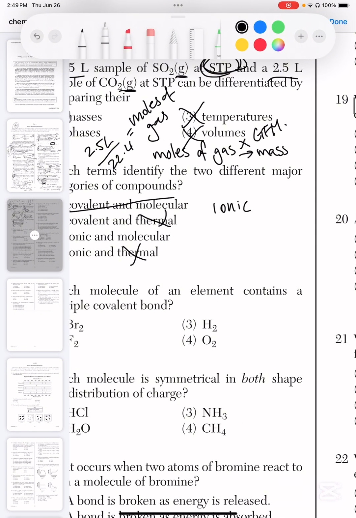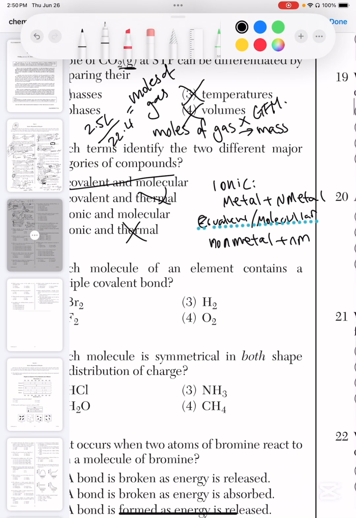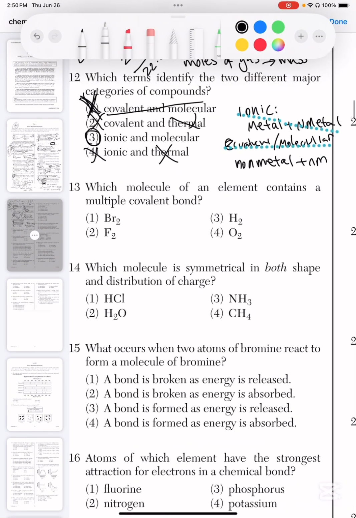Ionic being metal plus non-metal, and then covalent or molecular is non-metal plus non-metal.